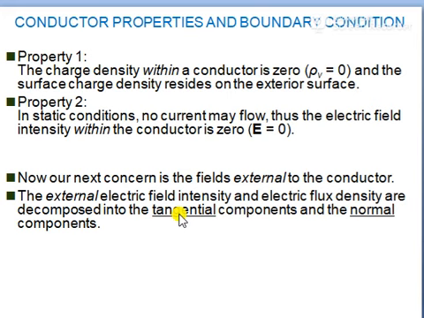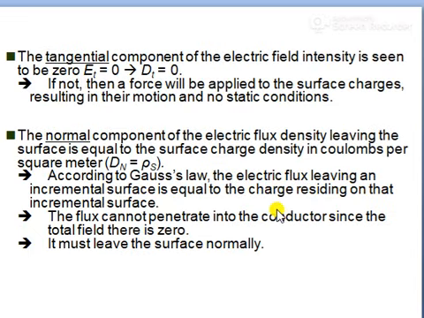So E tan is for tangential, En is for normal, and for flux density it is D tan and Dn, right? Now next, the tangential component of the electric field intensity is seen to be 0, that is Et is equal to 0 and Dt is equal to 0, right?